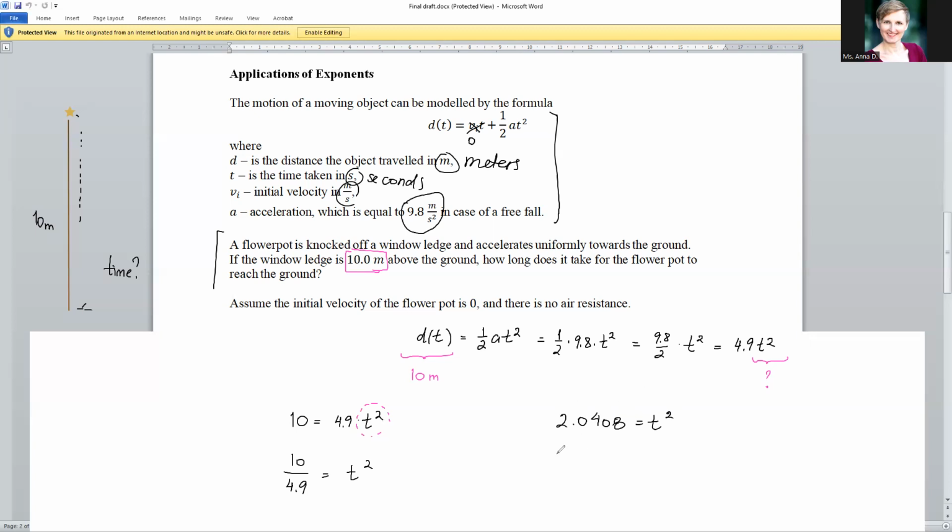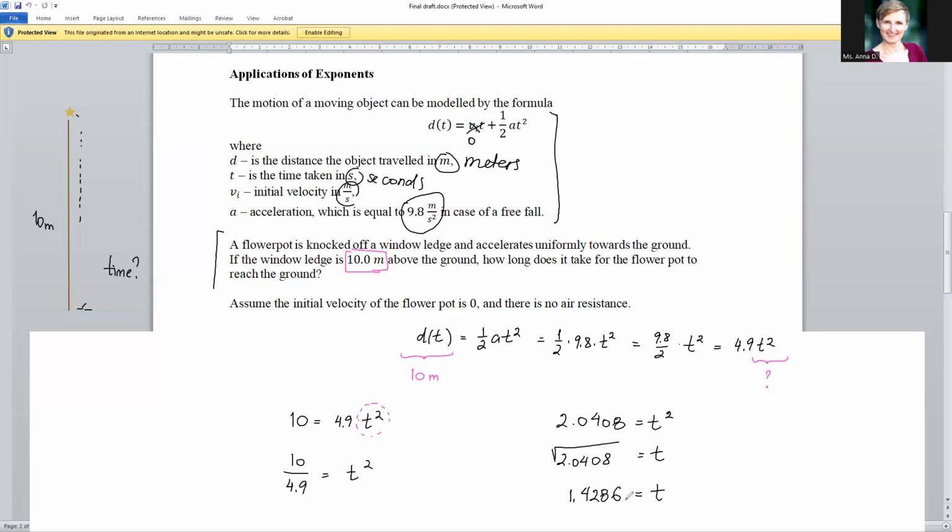And then here's the key move. You should take the square root of this number to find time. The square root of 2.0408 is 1.428565. That's a lot of digits, so I'm just rounding.